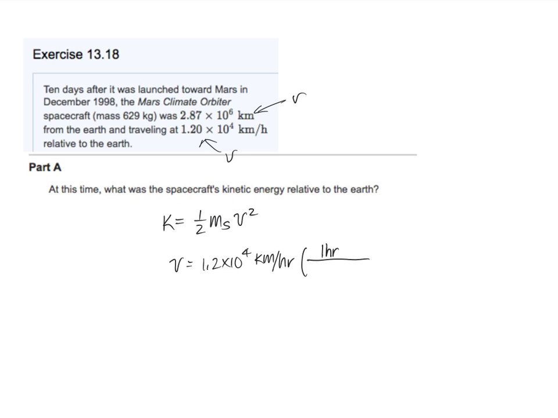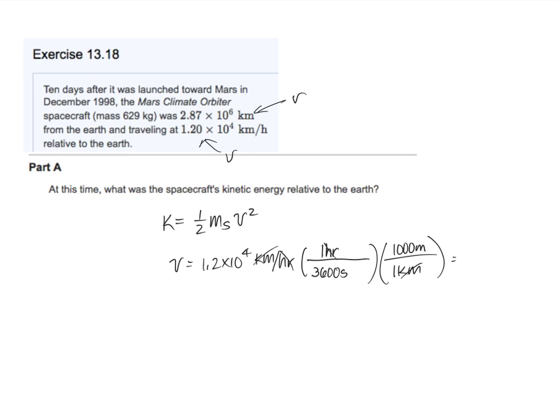So since hours is in the bottom here, we want to multiply by a fraction equal to 1 with hours on the top. 1 hour is 3,600 seconds, and so hours will cancel, and we'll be given in units per second. And then 1 kilometer on the bottom here, because kilometers is on the top, is 1,000 meters. And then kilometers will cancel out.